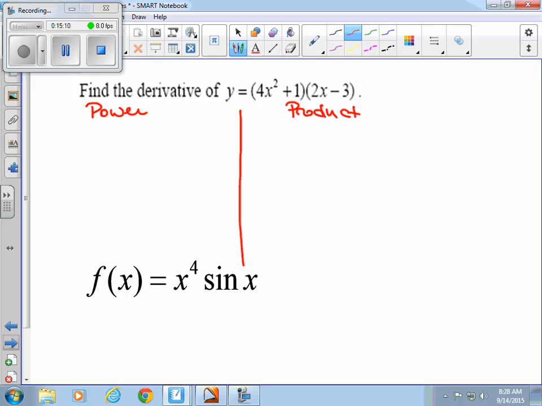So using the power rule, what do I have to do before I can work this problem using the power rule?